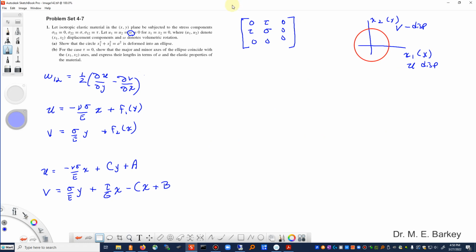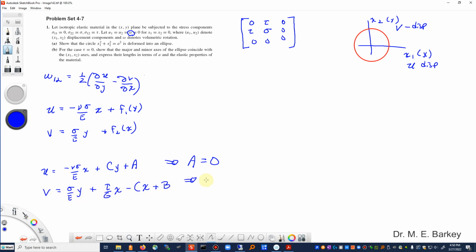All right, the first clue that we have is in here: when x1 and x2 are 0, then u and v are 0. Okay, so when x and y are 0, u is equal to 0. So that means A is equal to 0. V is equal to 0 when x and y are 0.